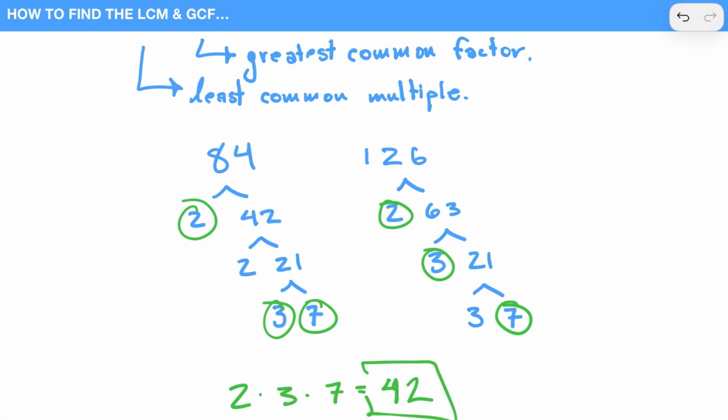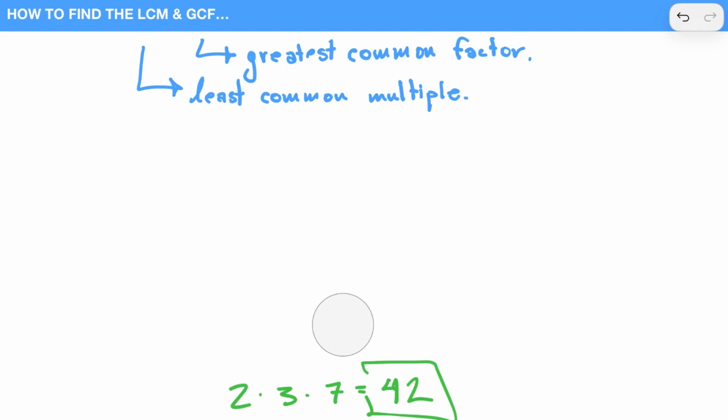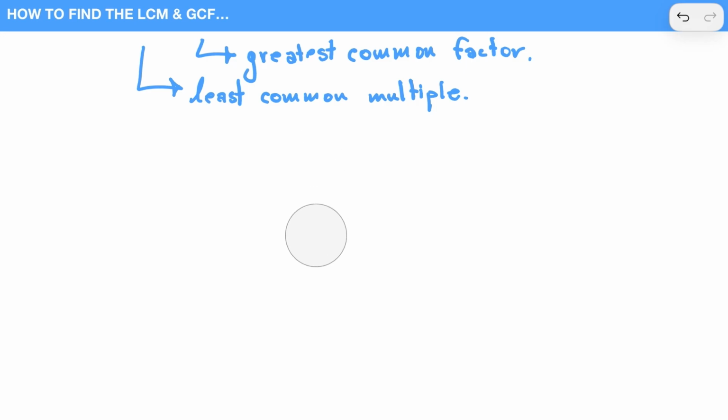But what about least common multiple? What is that? Well, you can think about least common multiple as just the opposite. With factors, we're finding a number that they have in common that's smaller. With the least common multiple, we're finding the number that they share when multiplied that's greater than them.